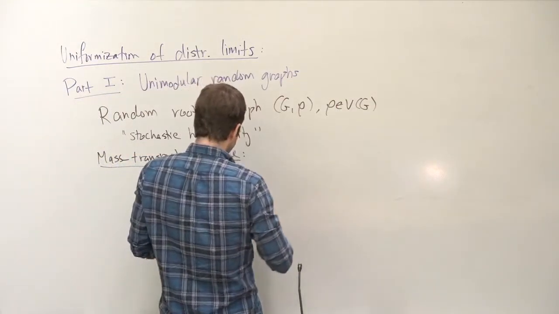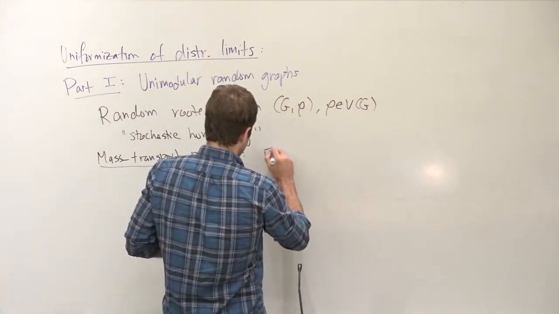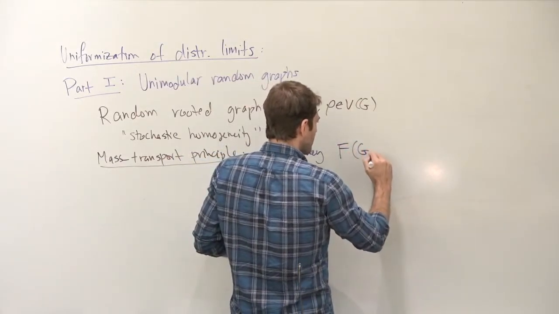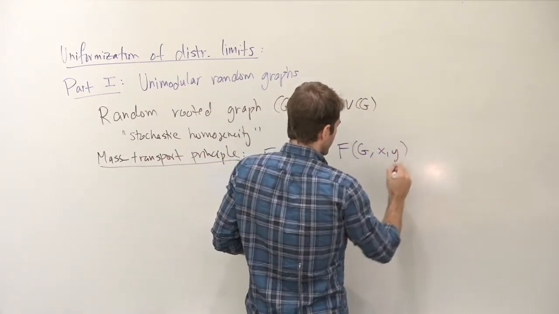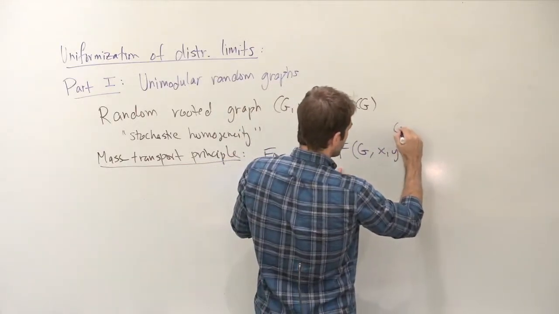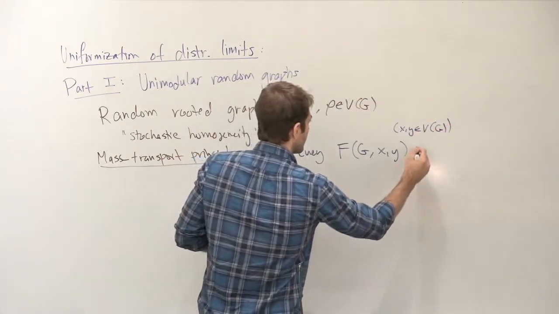It says that for every functional, which is a function on graphs and pairs of vertices, where x and y are vertices in the graph, the following should hold.